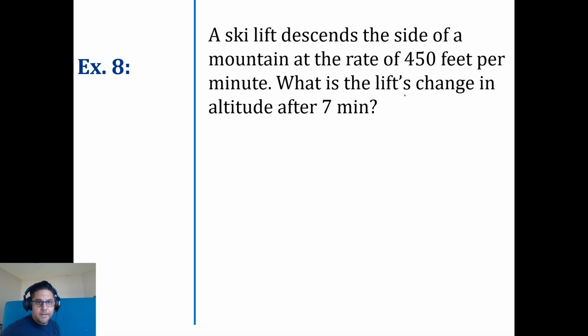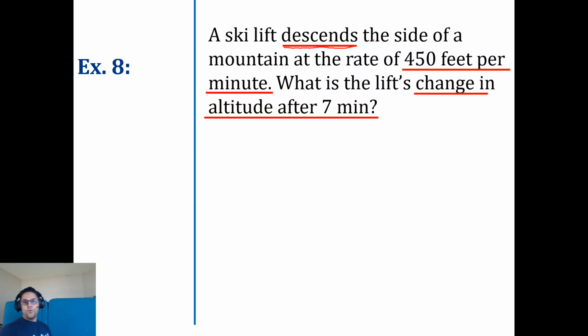All right, word problem. A ski lift descends the side of a mountain at a rate of 450 feet per minute. What is the lift's change in altitude after 7 minutes? Now, first of all, we should hopefully know that descends means it's going downhill, down the mountain. So in other words, it's losing elevation. So when I set this up, it's really going to be negative 450, because again, it's descending.